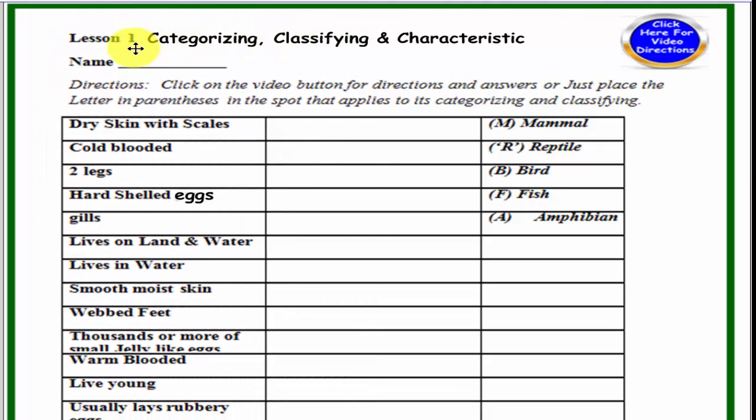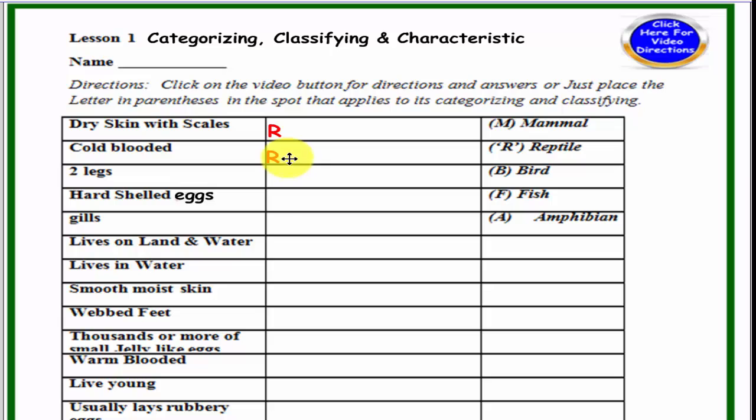Okay, here we are back at the worksheet. Now, here are the characteristics on the left, and remember we have each one of the animals listed on the right. Now, if you recall from the video, what has dry skin with scales? And you should have placed the letter R for a reptile. Cold-blooded. Do you remember which ones were cold-blooded?